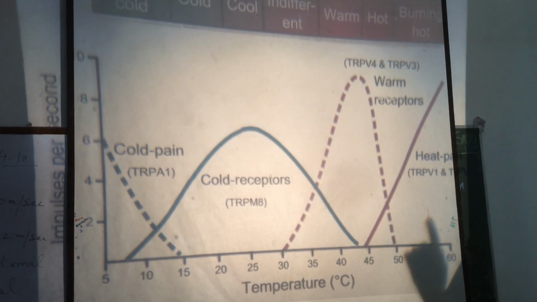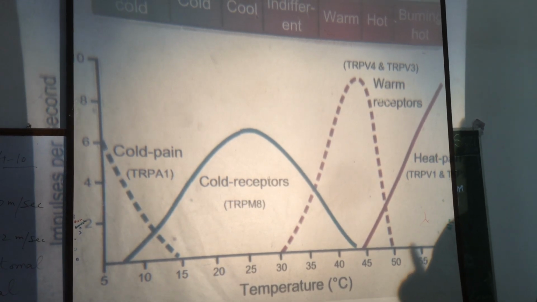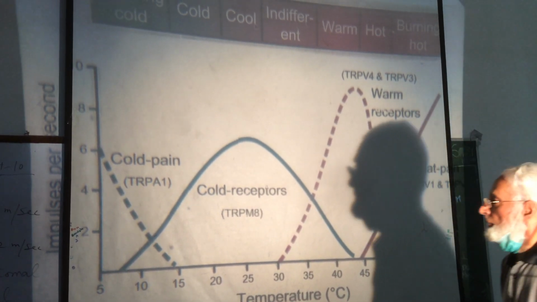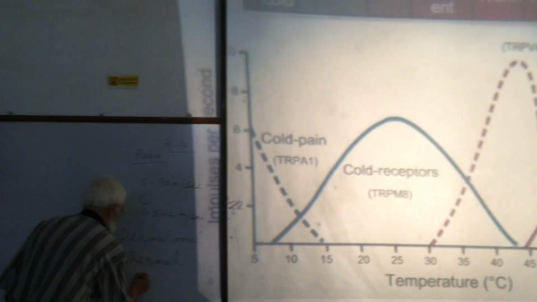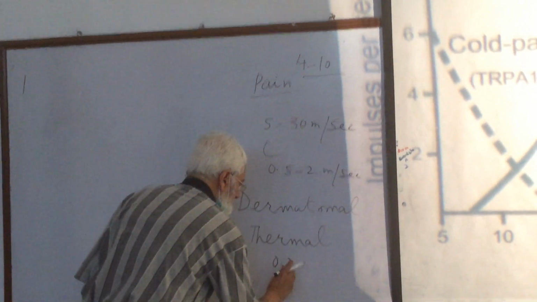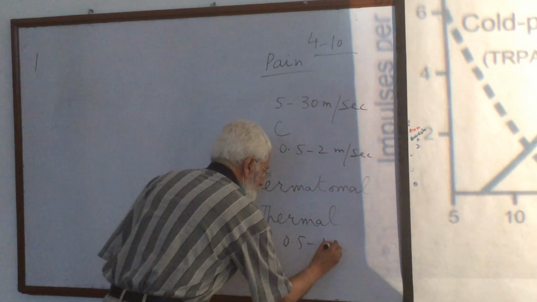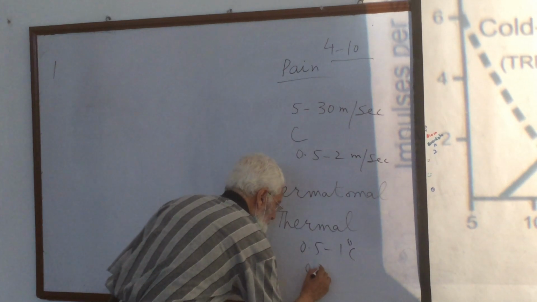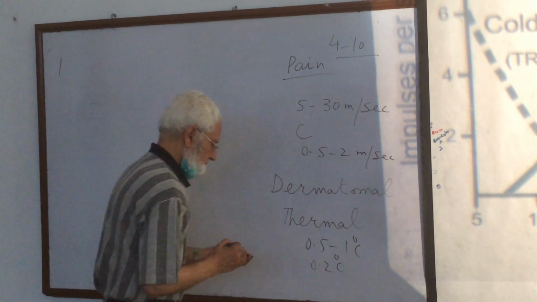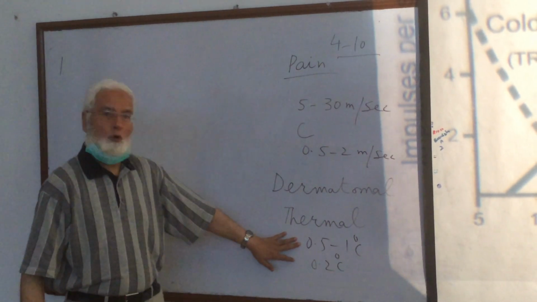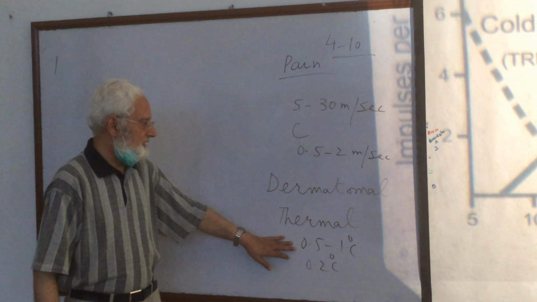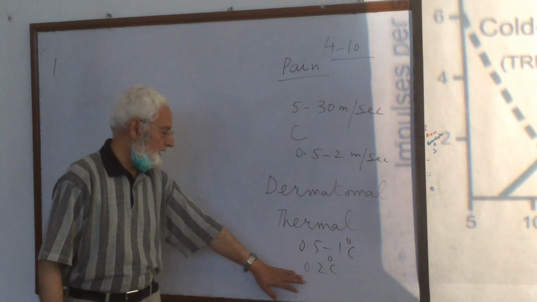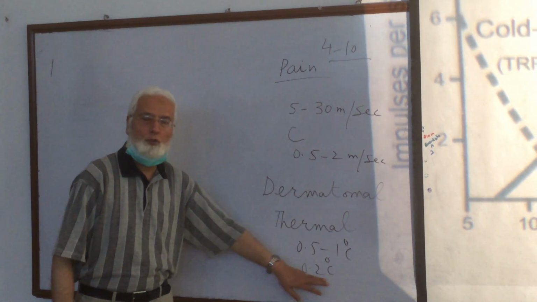Exposed parts can detect a change of temperature of 0.5 to 1 degree centigrade, while the covered parts are more sensitive and can detect a change of 0.2 degree centigrade.